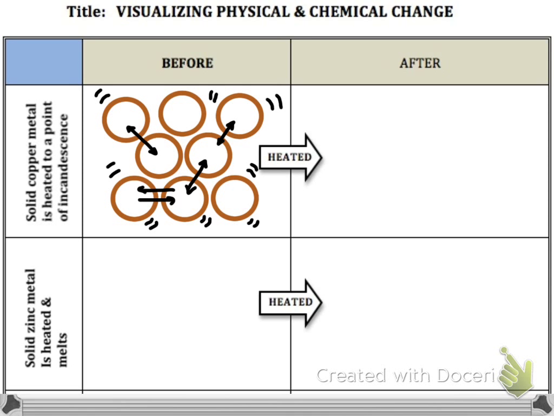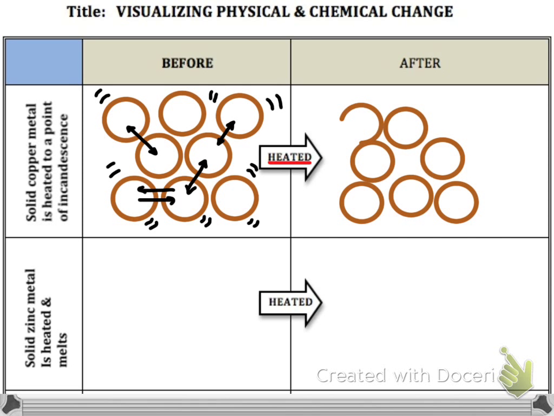Using this model of the motion of atoms, we can imagine how metals are good conductors of heat. So if we put a copper penny into the flame of a propane torch, those atoms are thought to start to move faster and faster and faster. So after we've heated it, the only thing that's really changed is that the atoms are moving faster.